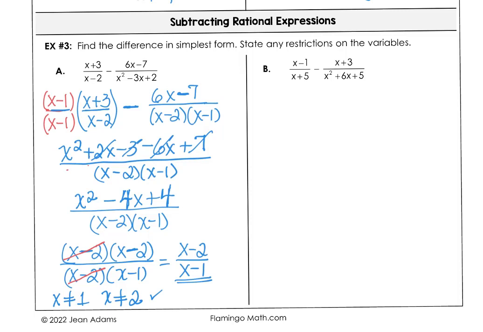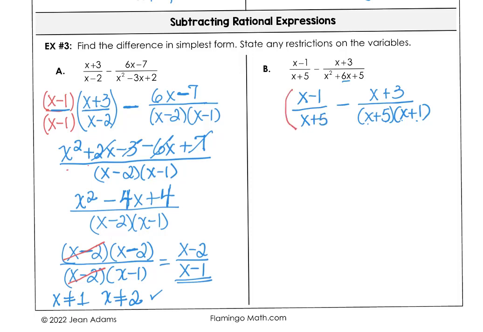In part B, when you factor the right fraction, we would have factors of 5 times 1 would multiply to be 5, and then outside and inside, 5x and 1x would add up to be 6x. So our fraction on the left is missing the factor of x plus 1.